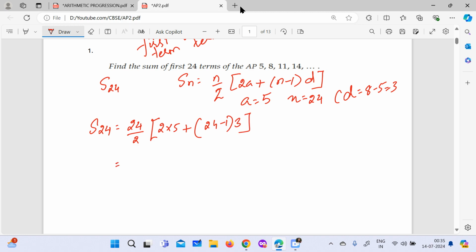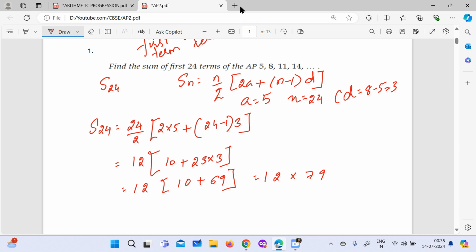So we can solve it directly: 10 plus 23 times 3, which will give you 10 plus 69, and on solving this we get 12 times 79, which is nothing but 948.